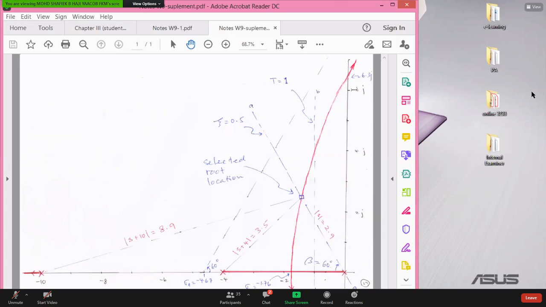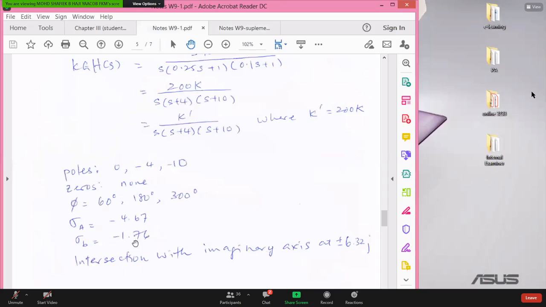But you can compute the intersection with the imaginary axis using the Routh stability criterion. We have discussed that so many times already. When you do that, you're going to get the intersection with the imaginary axis at plus and minus j6.32, because it is symmetrical.